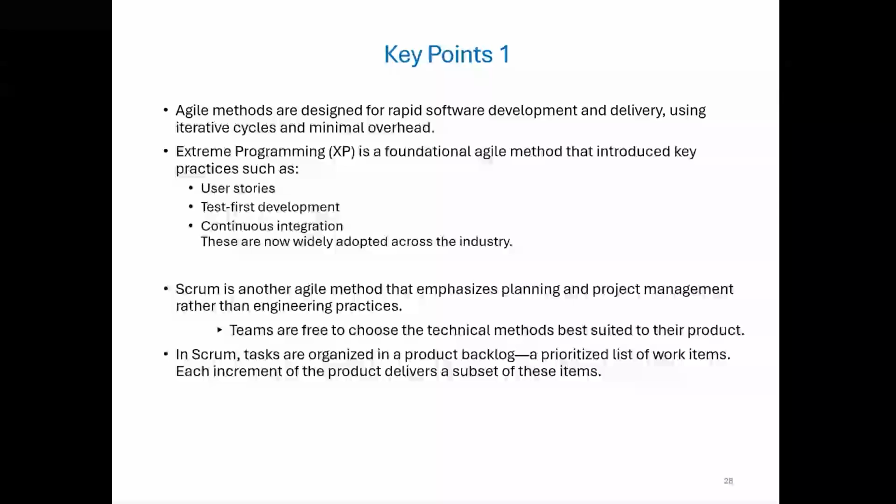In Scrum, the team works from a product backlog, which is just a prioritized list of tasks or features. During each sprint, the team pulls a subset of those items and works on delivering them as a potentially shippable product increment. So, XP, engineering practices; Scrum, more team organizing and project flow.